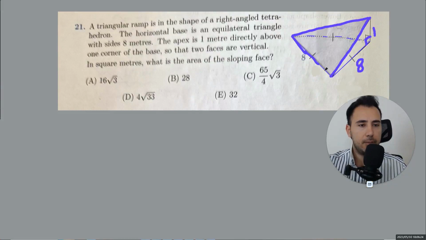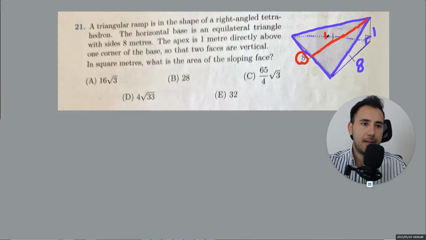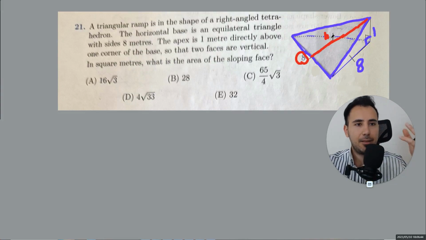So luckily we have this 8, which is the base of this triangle. We are trying to find this height over here. If we have this height, then the question would be easy.